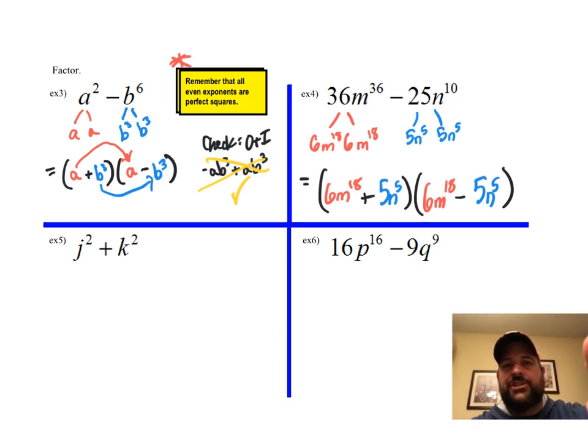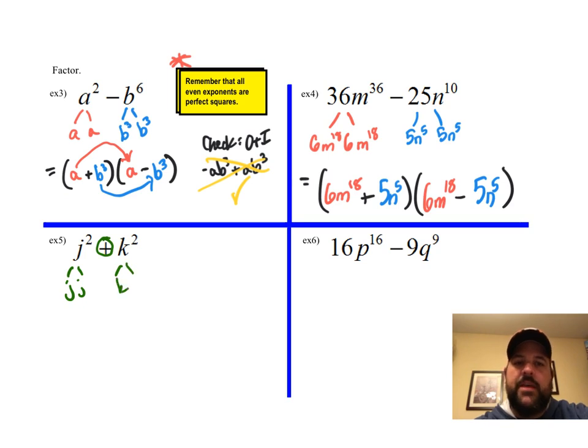Let's take a look at two cases where we want to be careful. In the case of number 5, we have j squared plus k squared. And the first thing you should see here is that we have a plus in between those two perfect squares. Even though j squared becomes j times j, and k squared becomes k times k, there is no way that I could multiply a positive j or a positive k times a negative k and end up with positive k squared like I'm supposed to here.